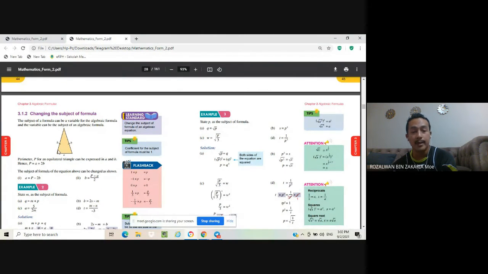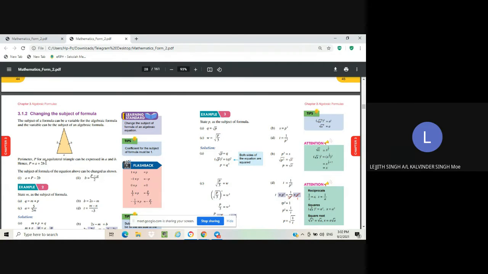We have an equilateral triangle. The perimeter P for the triangle can be expressed in A and B, hence P equal to A plus 2B. Class, do you still remember how to find the perimeter? Yes, teacher.